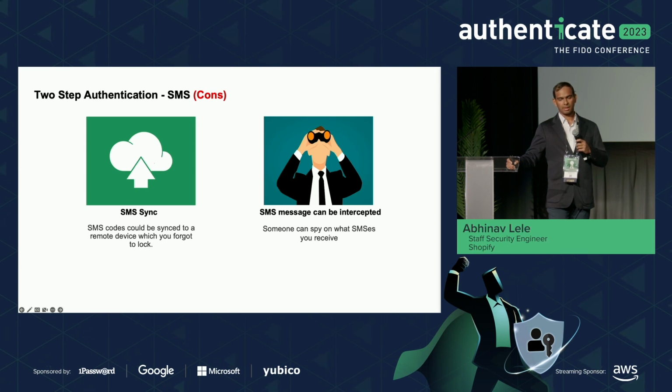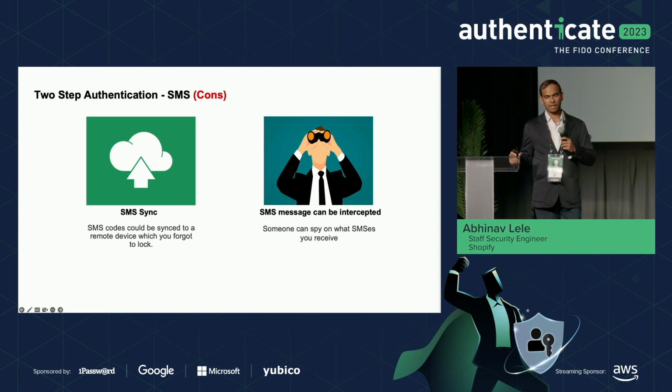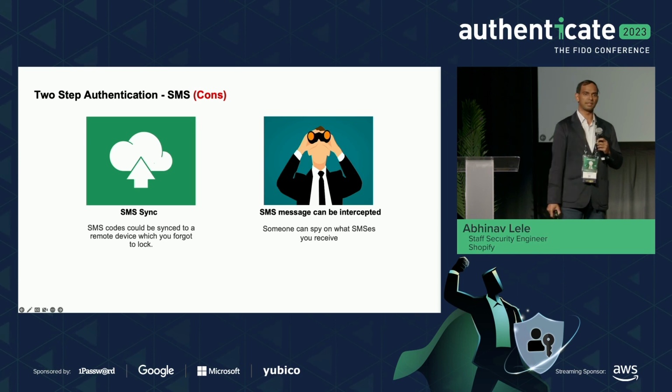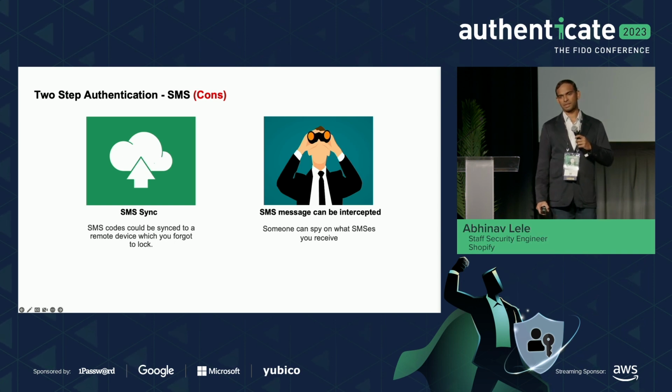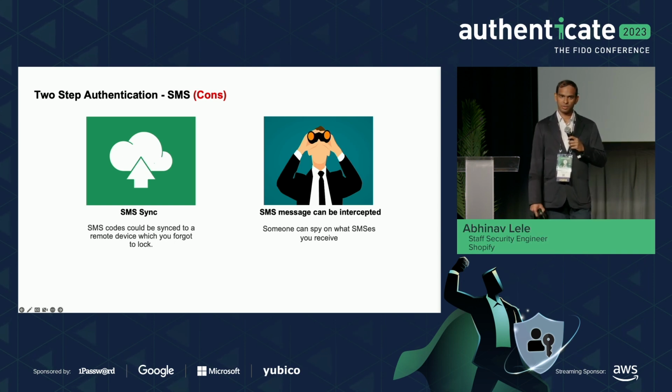Now, it is good and bad. The bad part is, if you do it on a work phone, it probably has a better security model. It will lock in 10 seconds after you stop seeing it. But it will also synchronize on your home machine or a machine which somebody else can see. So the moment they know that, they can get their OTP.